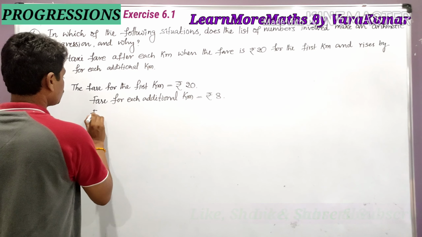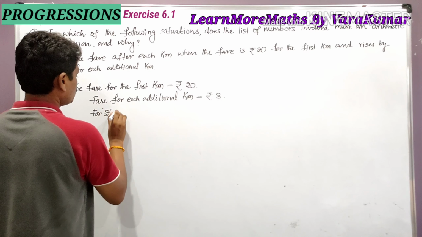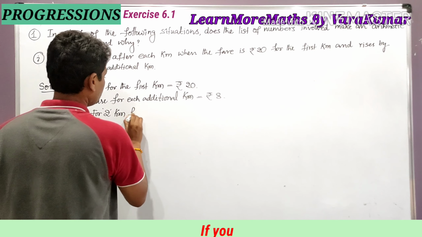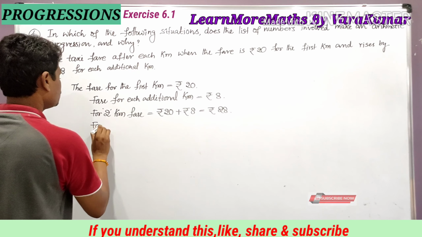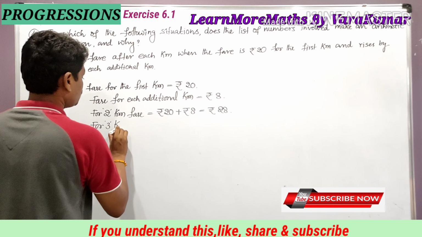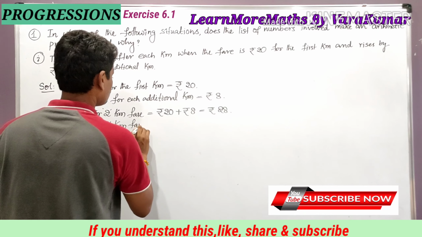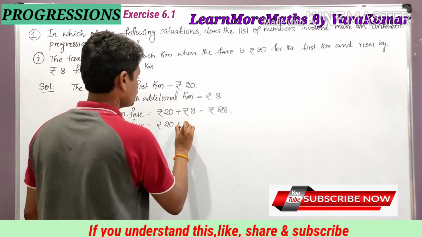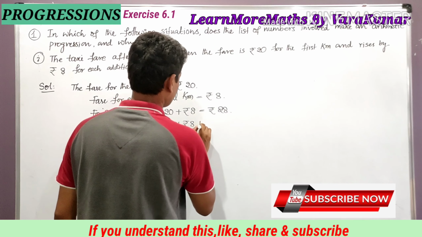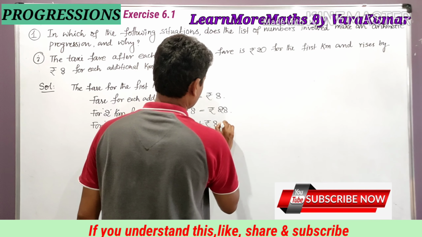For 2 kilometers how much, student? For 2 kilometers, the fare is equal to, for the first kilometer it is 20 and for the next kilometer it is 8. 20 plus 8, which is rupees 28. And for 3 kilometers how much, student? For 3 kilometers the fare is equal to rupees 20 for the first, again 8 for the second, again 8 for the third.